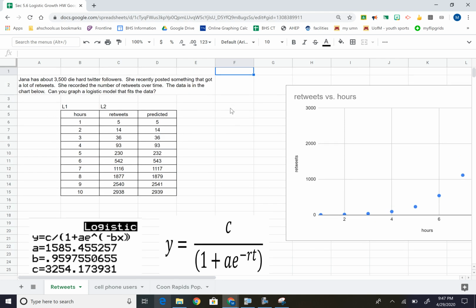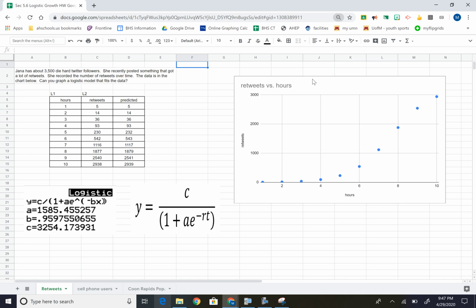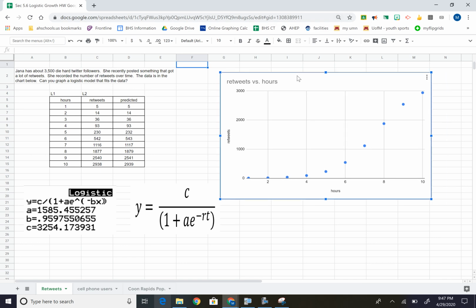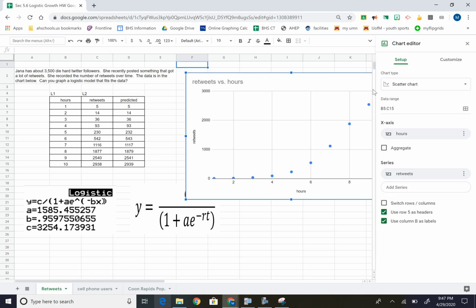So if I zoom out a little bit here, I'll show you how we can add this to the graph. So I'm going to hit edit chart. And right over here where it says x-axis and series, we want to add a series. And I'm going to click this little box here that says select data range.